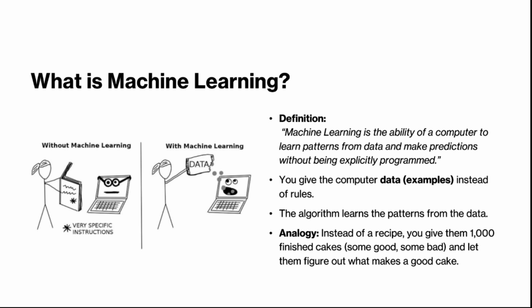You can either give them data saying which ones are good and which ones are bad, that becomes supervised learning, or you can just leave it as such and ask it to figure out by itself, which is unsupervised learning, which we'll be looking at in the next few slides. And then the machine itself figures out what is a good recipe or a good cake. So just based off the data, when the machine learns or understands to make a decision on its own, it is machine learning.